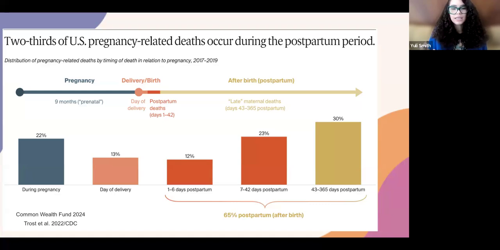Now, this slide demonstrates all of the pregnancy-related deaths that occurred in the postpartum period, which is 65% of all pregnancy-related deaths. Two-thirds of pregnancy-related deaths occurred within 42 days after birth, while a little less than half of the deaths that occurred in the postpartum period happened after 6 weeks.